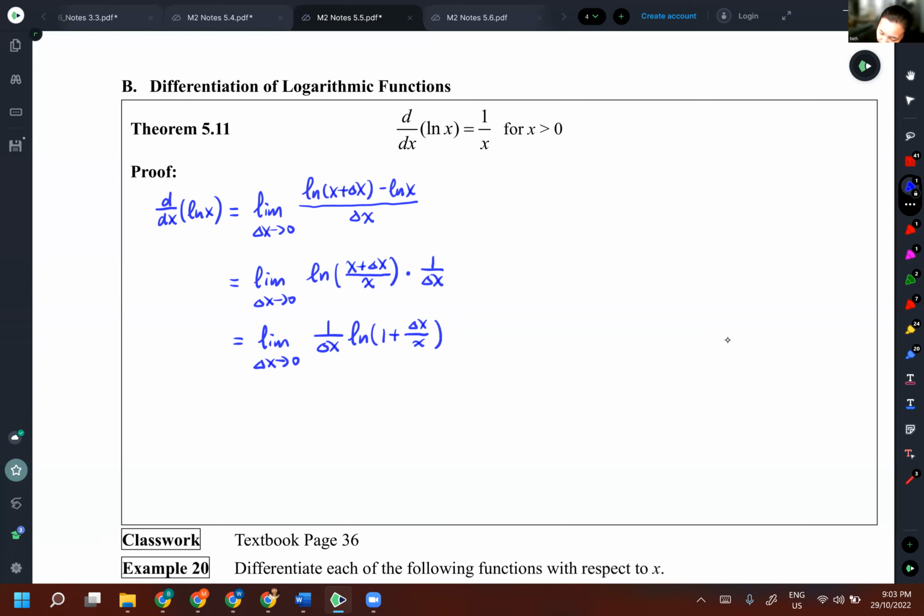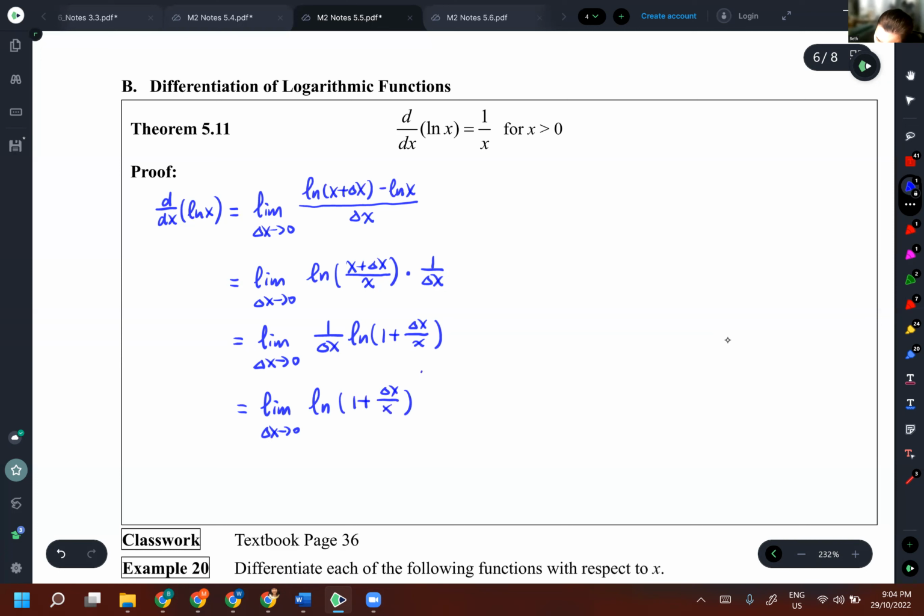Okay. And then this is equal to basically ln 1 plus delta x over x to the power 1 over delta x. This is another property of log.